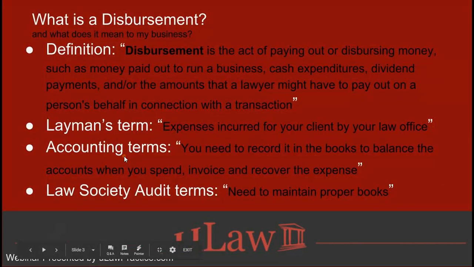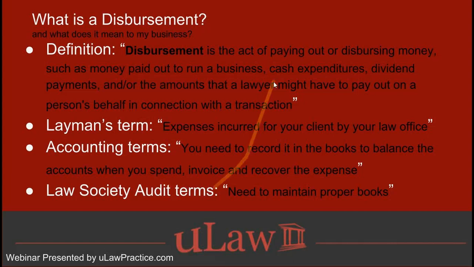All right. So let's start with the disbursement. Okay. What is that disbursement? We'll look at the definition. The disbursement is the act of paying out or dispersing money, such as money paid out to run a business, expenditures, specifically that a legal professional may have to do on another person's behalf in connection with the transaction.